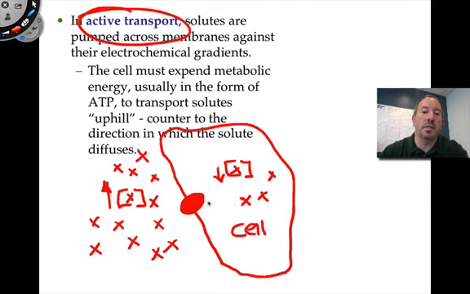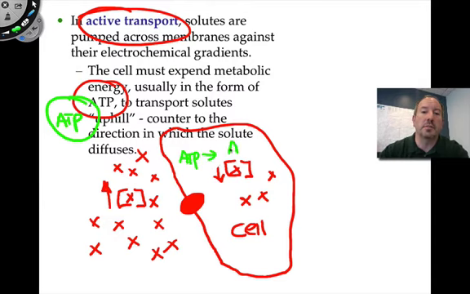It would need to require energy, and energy comes from this molecule called adenosine triphosphate. You are familiar with it. Adenosine triphosphate, what can happen is the cell uses that chemical currency by hydrolyzing the third phosphate group from it, and it removes it.